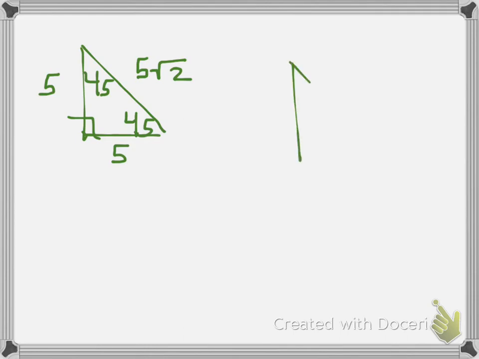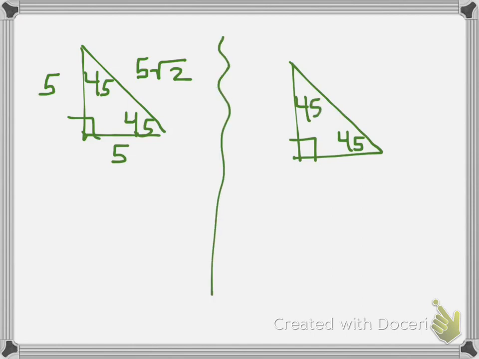So this is a little trickier if they give you the hypotenuse. So let's say they give you the hypotenuse, and it's 6 in length. So to go backwards, you have to divide by square root of 2. So 6 divided by square root of 2. And you wouldn't really leave it like that.